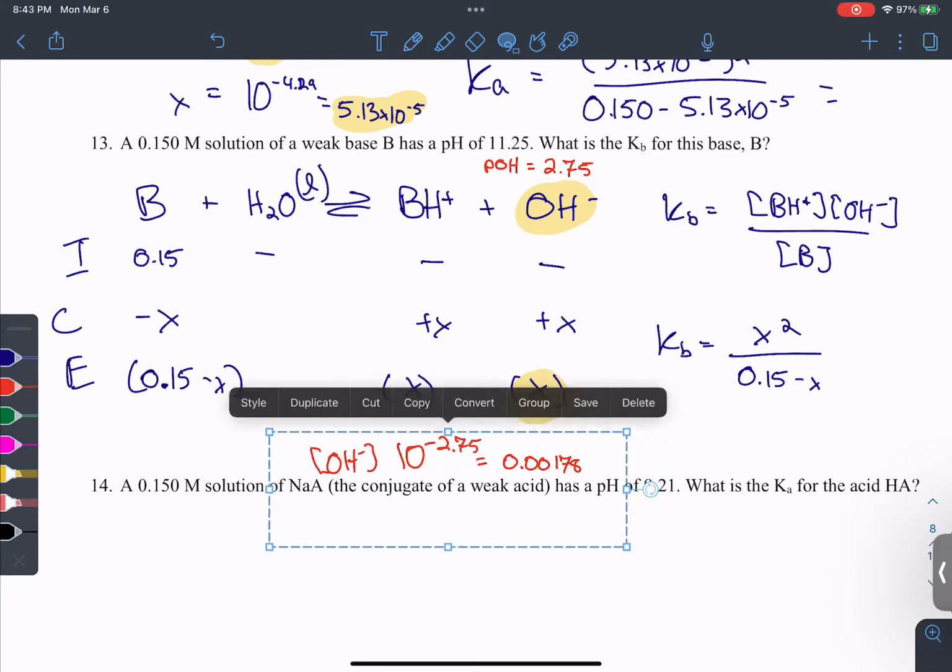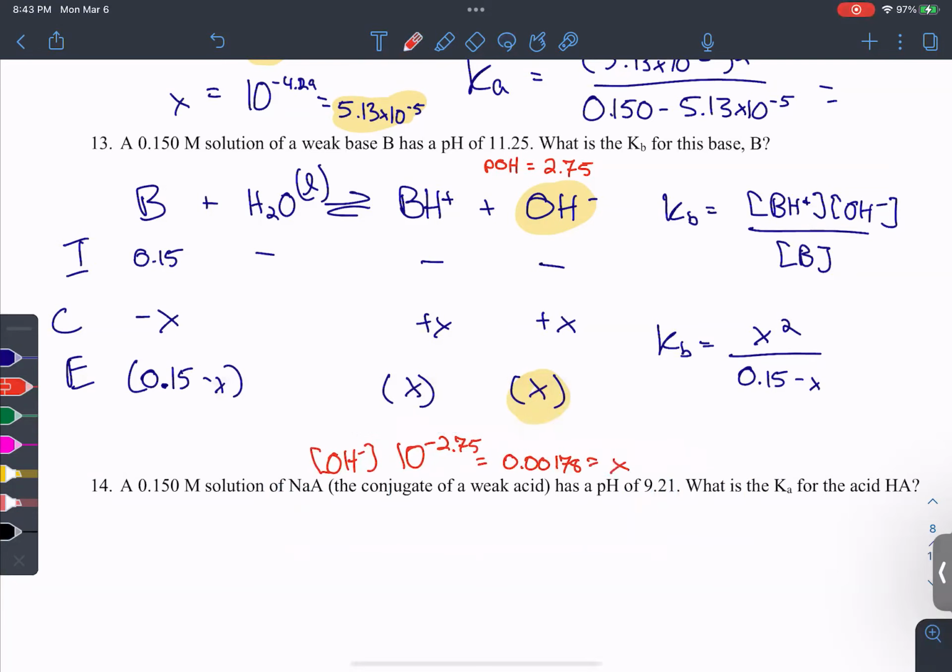That is my X, and you just plug it in. Then do we neglect that X on the bottom? No. And it's not because it's less than 5%, I don't even know, it's probably not. It's because you just don't want to be lazy. Just plug it in. Good? All right.